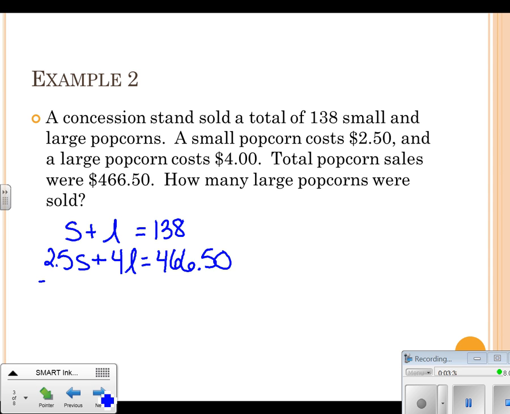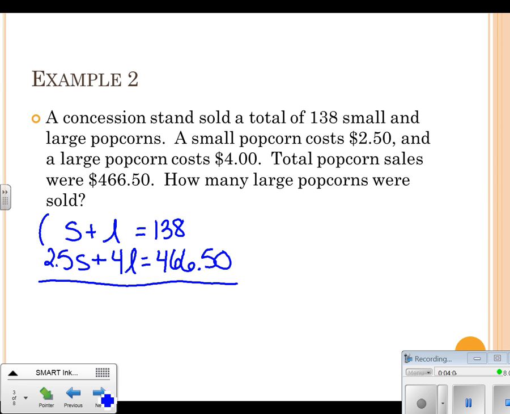Now with elimination we need opposites so that when we add opposites we get 0. Or we can subtract too, like a value minus that same value and get 0. Well, in this case, we don't have opposites that we're adding, or the same value we're subtracting. So what we're going to do is make opposites.